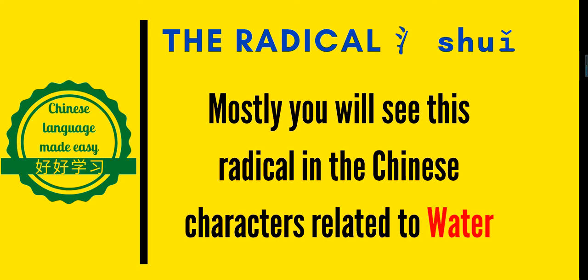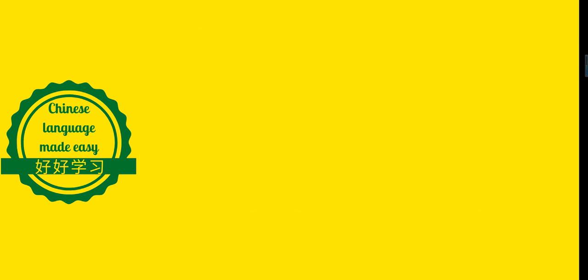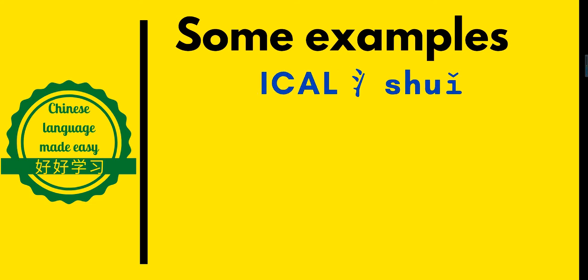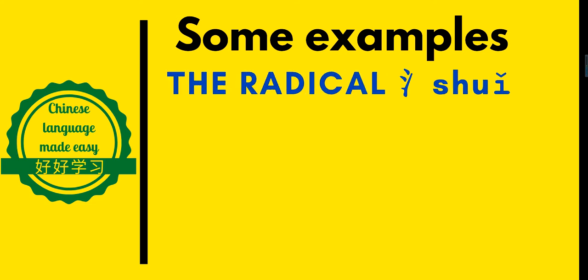And how is that? I'm going to explain it to you in the examples that are coming later. So here are the examples related to this radical sign 水. It is also the 3-dot water radical, 三点水.